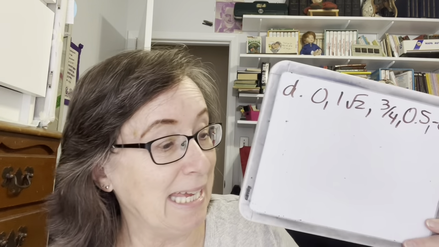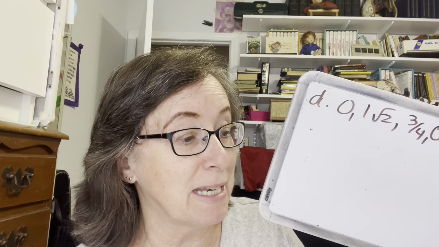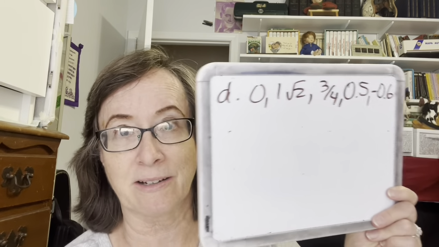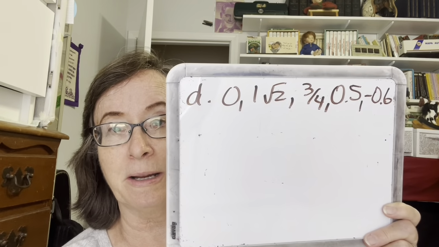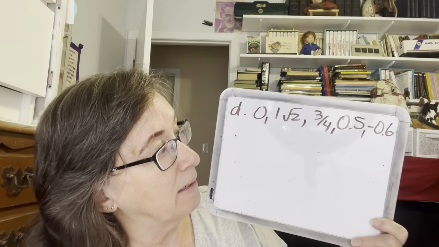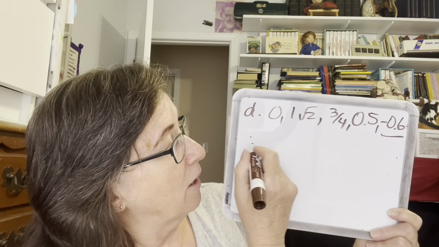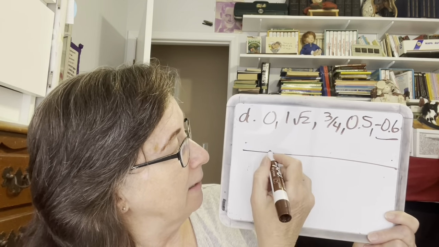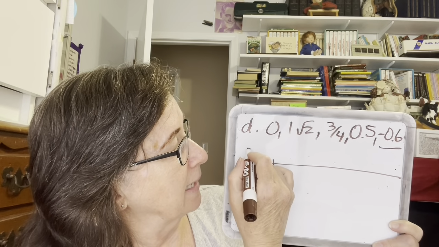All right, so here we have practice problem D. It says arrange these numbers in order from least to greatest. So here are our numbers, and least to greatest, we're going to first look and say, do I have any negative numbers? And I do. It's way down here. So I'm going to make my number line, and here's my 0, and I'm going to put my negative 0.6.